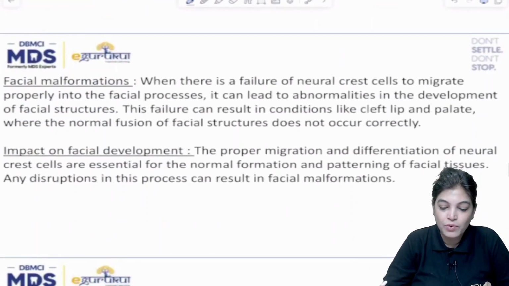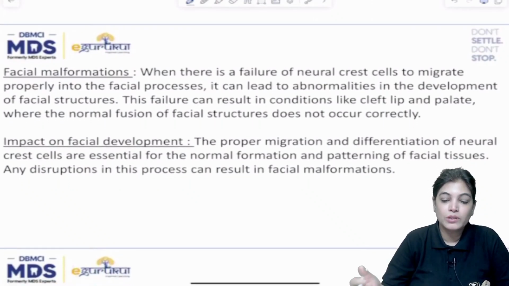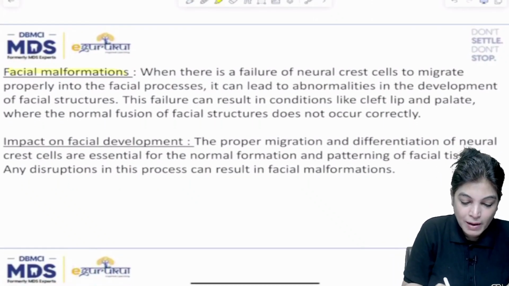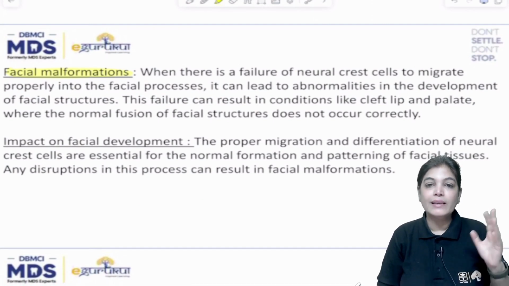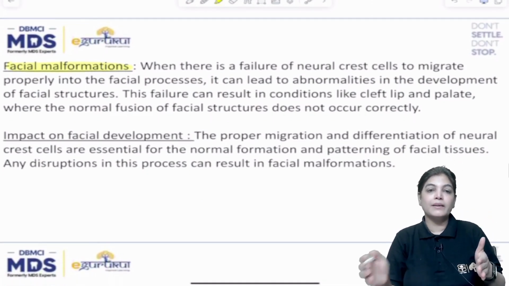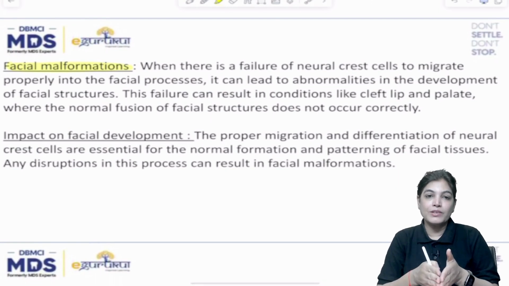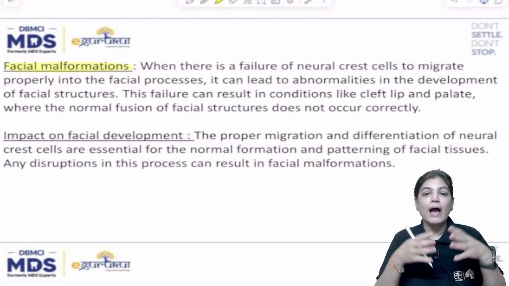So facial malformation, the same thing which I told you, अगर हम facial malformation की बात करते हैं, so if there is a failure of neural crest cells to migrate properly into the facial processes, it can lead to abnormalities.